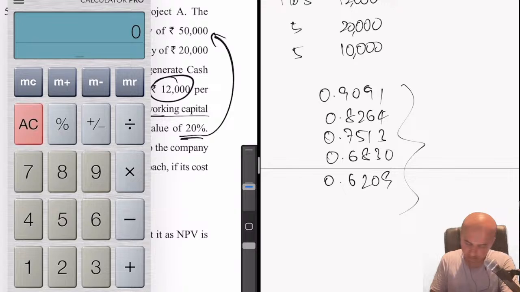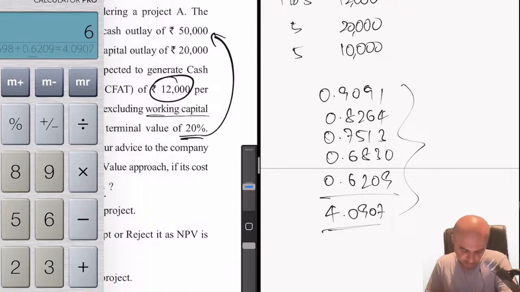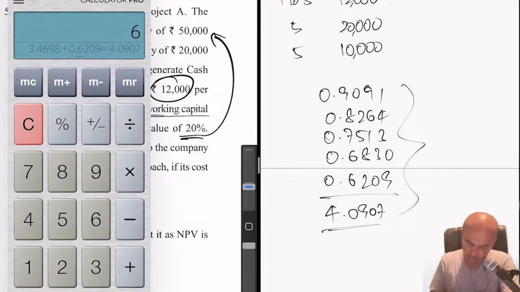Add all this. 0.9091 plus 0.8264 plus 0.7513 plus 0.6830 plus 0.6209. This will be 4.0907. Right. 5 years at the rate of 10%, no? Or wait, did I calculate correctly? 1 divided by 1.1 only, no? 1 2 3 4 5.